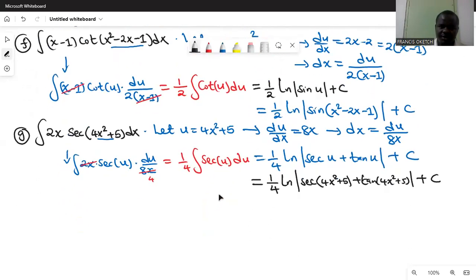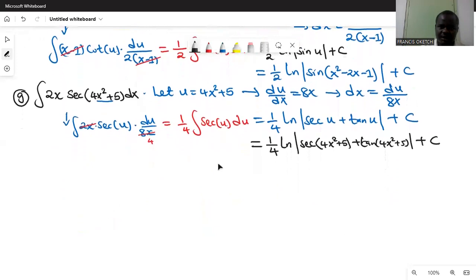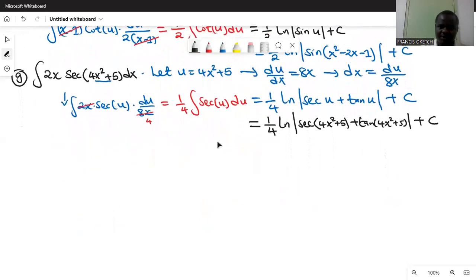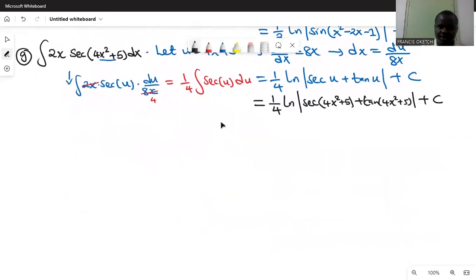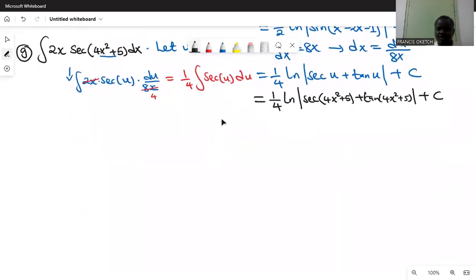If you don't know these simple integrals, then you can refer to your SMP table. You'll find all those integrals listed in the SMP table.